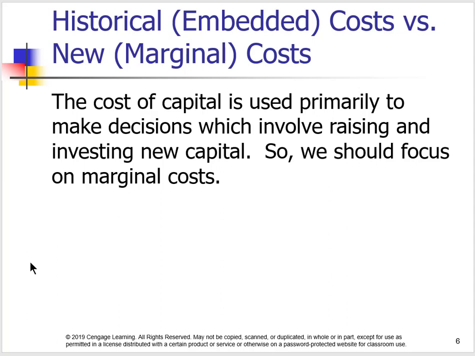The cost of capital is usually looked at to make decisions moving forward. So we need to focus on marginal costs. What are the costs of new debt, not what is the cost of old debt. So we're kind of narrowing this cost of debt thing down to, we want to look at what is it going to cost the company to gather new funds to buy new projects in the future.